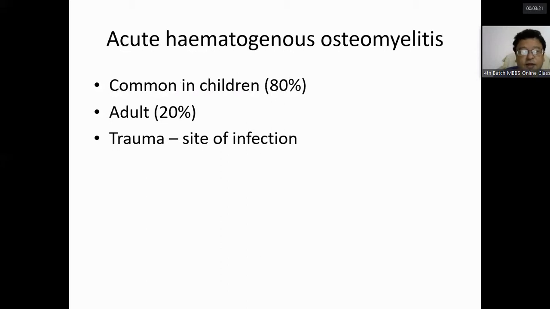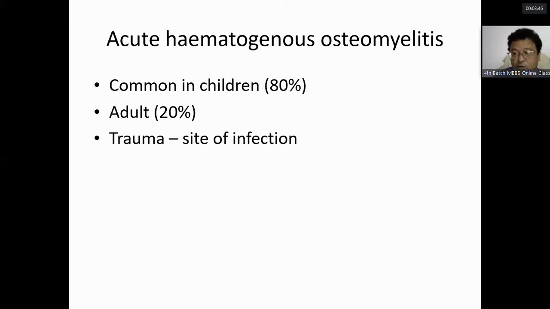So infection is somewhere in the body, and from there the organisms come into the blood, bacteremia, and lodge in the bone, in the metaphyseal area, okay. In adults, this is only about 20%, but in children, this is the most common mechanism. So when we talk about acute hematogenous osteomyelitis, it means in children, okay.